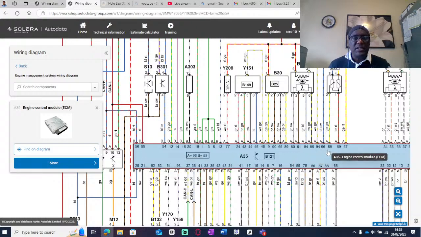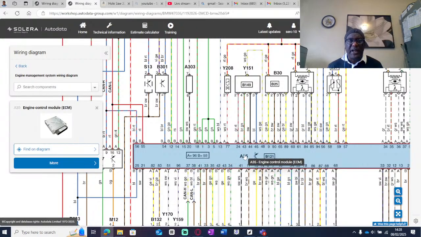Okay, that's the ECU. If you notice in here, A35, when with autodata, A35 is your engine management ECU all the time. So if you notice here, it says A96, B58.